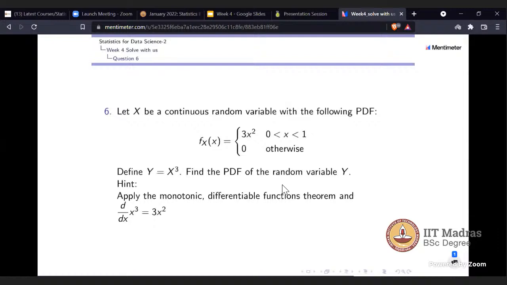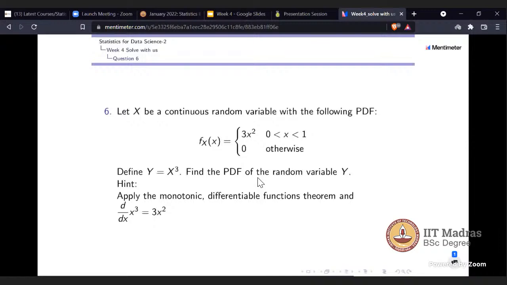Can somebody tell me the conditions? When do we use it? It should be continuous and differentiable within the range, and it should be increasing or decreasing. So it's a monotonic function.